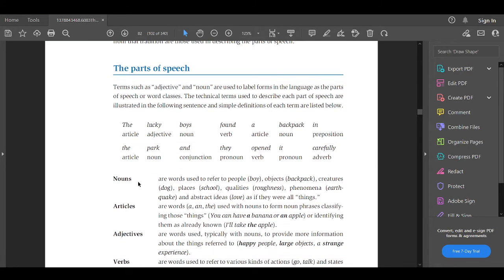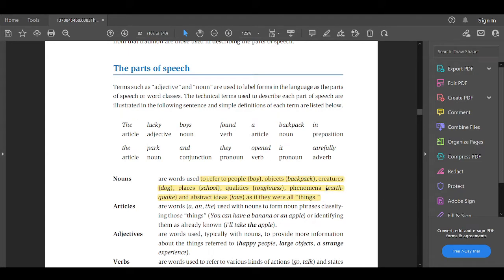The nouns. When we talk about nouns, we talk about words that are used to refer to people, objects, creatures, places, qualities, phenomena, abstract ideas, and everything.